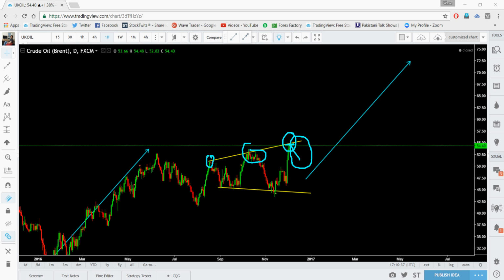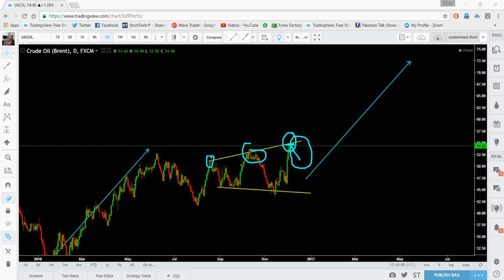Okay, so let me show you another example. I have got that example. What kind of price action do you guys need to watch over there? Just one second.